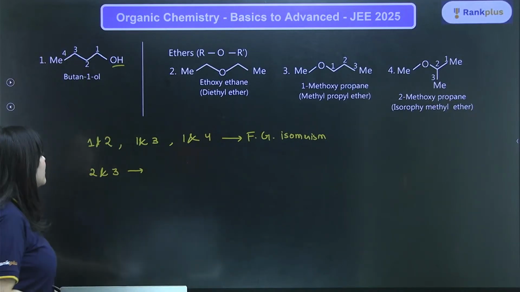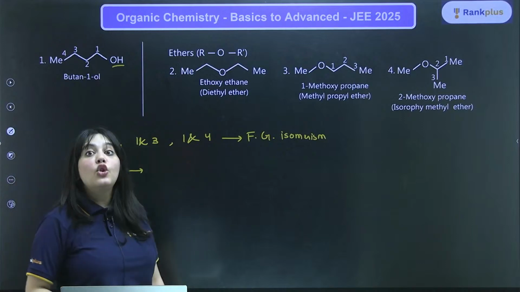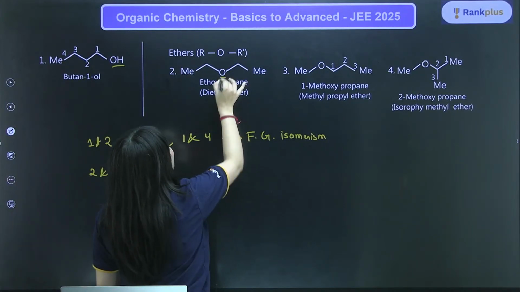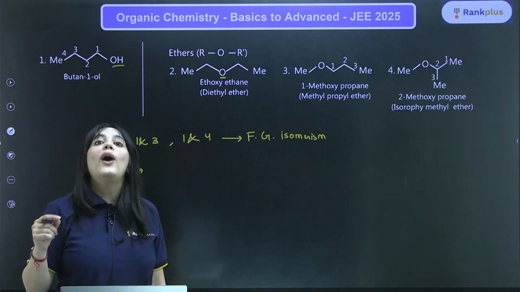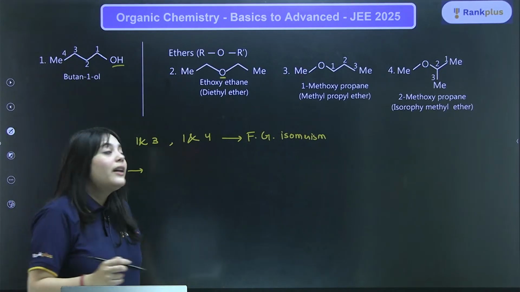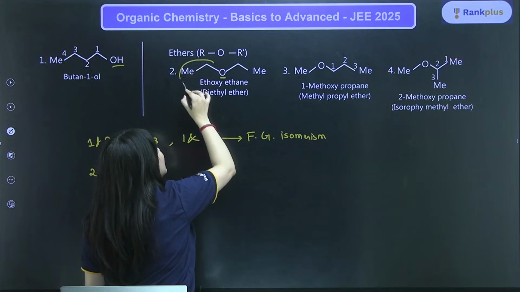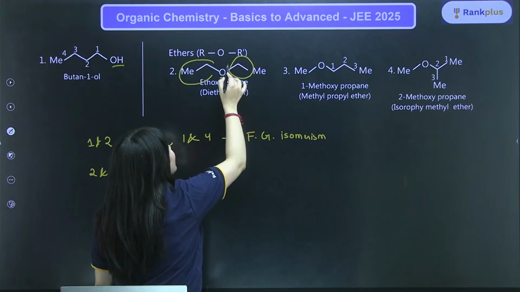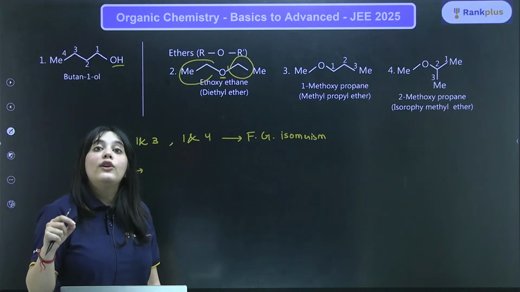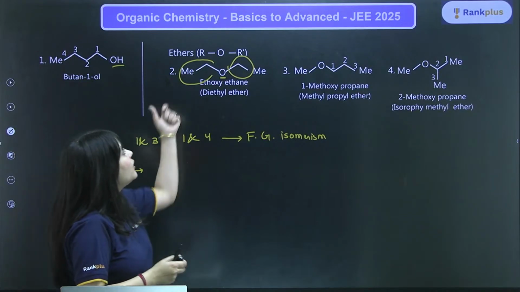2 and 3 are not position isomers, that's what I taught you. See here, what is happening? Oxygen is here. Oxygen is a heteroatom. Hetero means something other than carbon. So whenever the alkyl chain is changing around something other than carbon, which means around the heteroatom, then it is called metamers. Can you see the length of the chain is changing?